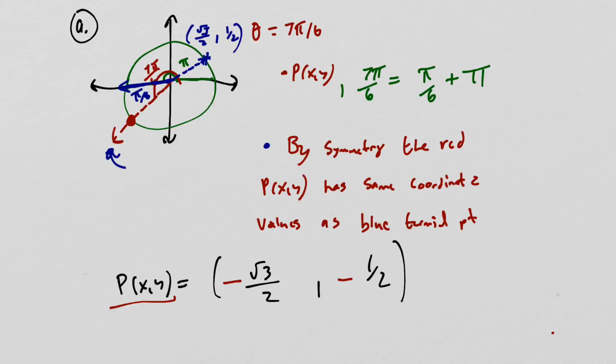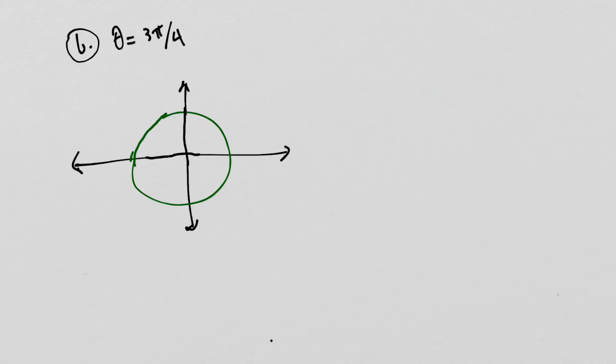Now let's go ahead and look at part B. In part B, we're looking at the terminal point determined by the angle 3 pi divided by 4. 3 pi divided by 4 is less than pi but greater than pi divided by 2, and this means the ray of our angle, the terminal ray, is going to be in the second quadrant.